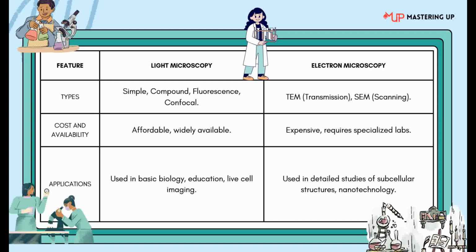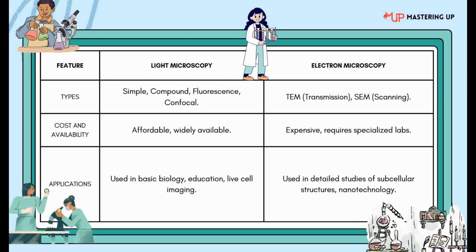Building on the differences we have just covered, let's now explore how both light and electron microscopy are applied in various fields. Light microscopy, with its ability to magnify up to around 1000x, is essential for observing live specimens. It's widely used in biological research and healthcare, allowing scientists and medical professionals to study living cells, tissues, and microorganisms.